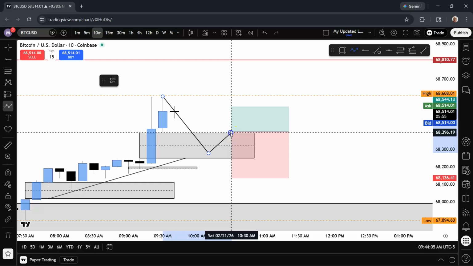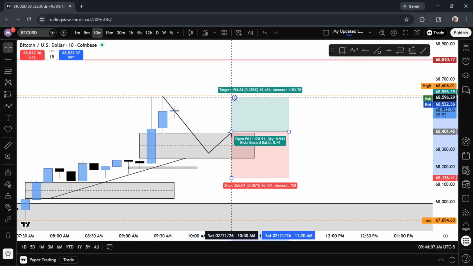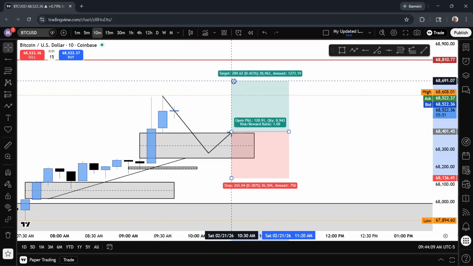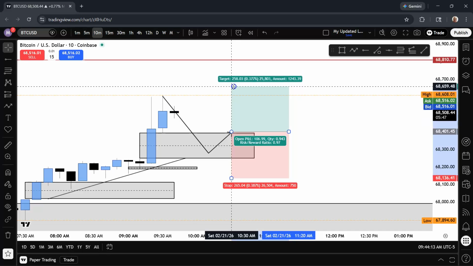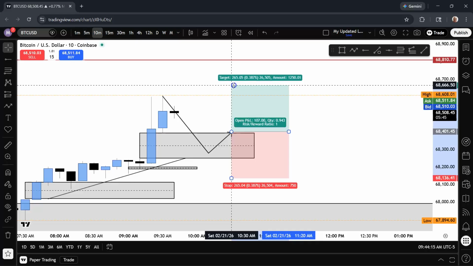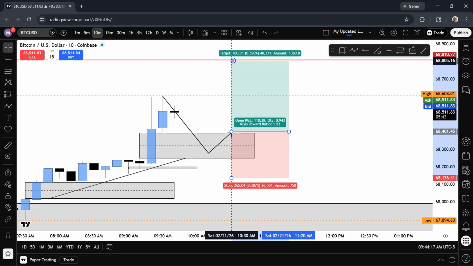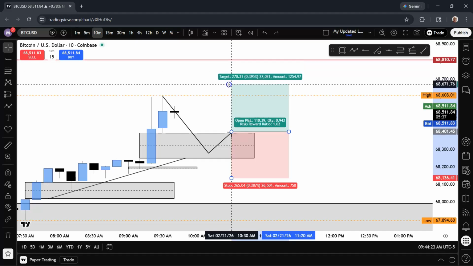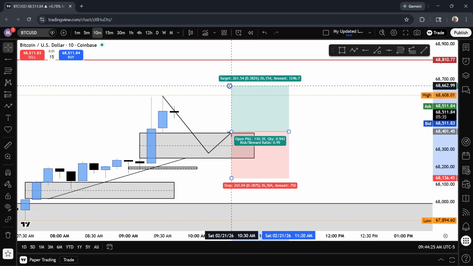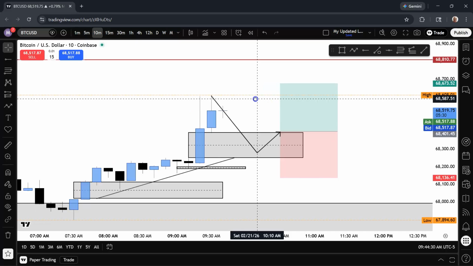That's where you would enter the trade for a 1-to-1. You can do a 1-to-1 or a 1-to-2, but to be safe, just do a 1-to-1, which is right there.